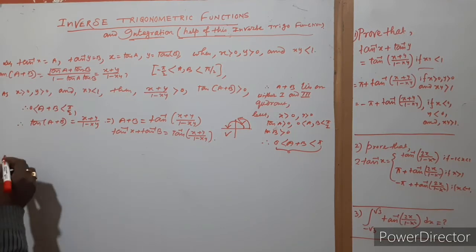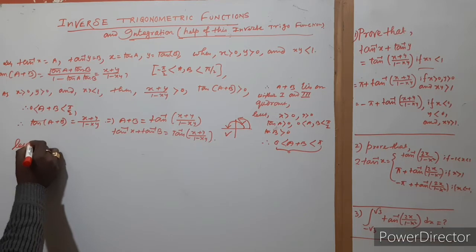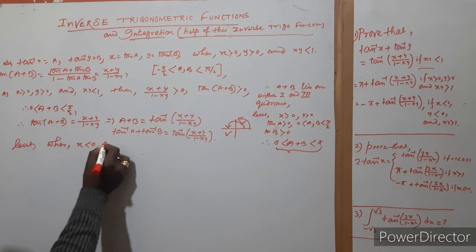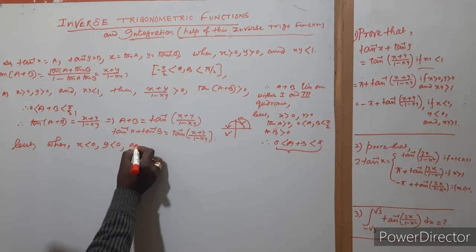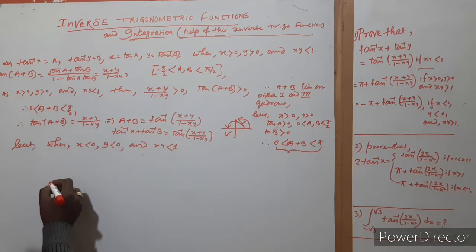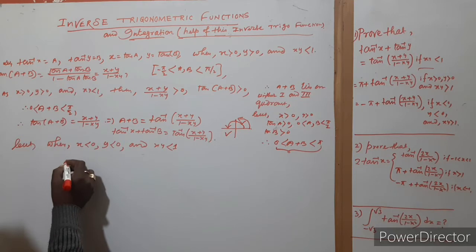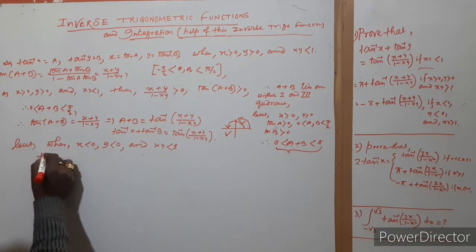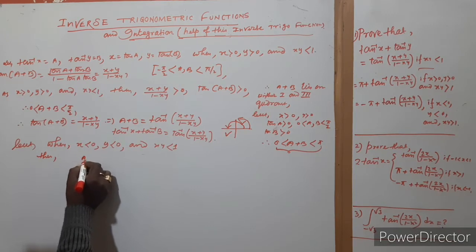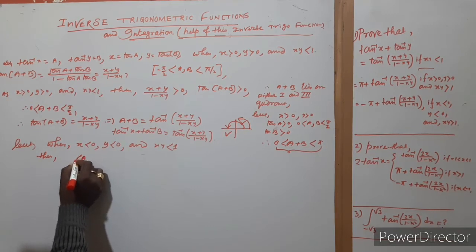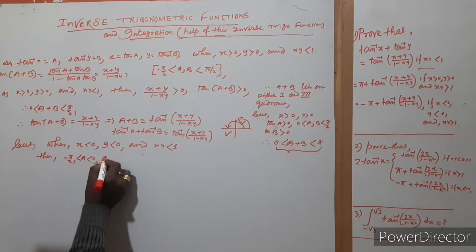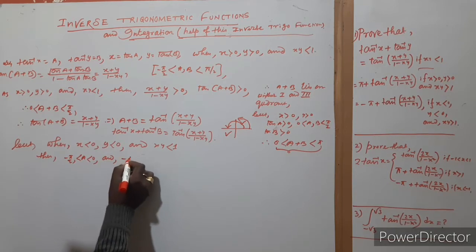But when x is less than 0 and y is less than 0 and xy is less than 1, okay, then a lies between minus pi by 2 to 0, and also b lies between minus pi by 2 to 0.